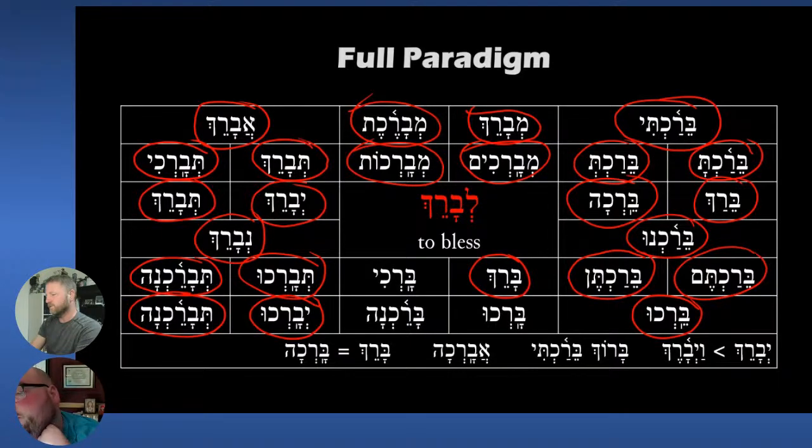In the imperative, bless: barek, barech oto, and then barchi. There's a verse in the Bible that says, Barchi nafshi et Adonai, bless the Lord, O my soul. Barchu. And then Baruch Adonai HaMevorach Leolam Vaed, bless the Lord who is blessed.